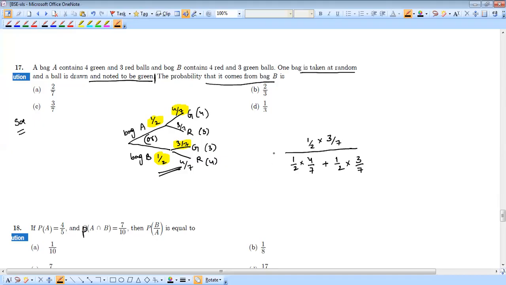This is Bayes theorem. In the numerator and denominator, 1 by 2 appears everywhere, so I take it out and cancel it. It is 3 by 7 divided by 4 by 7 plus 3 by 7. The denominator 4 by 7 plus 3 by 7 is 7 by 7, which is 1. So 3 by 7 is the answer, option C.